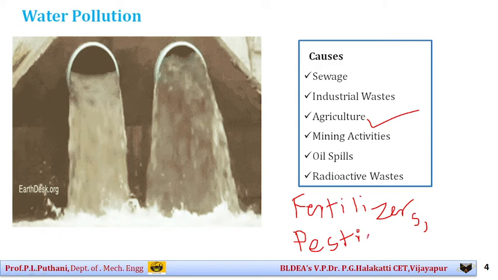If excess use happens, when water is sprayed, the fertilizer and pesticide get washed off, and they may enter the earth and the food, and reach human beings and other creatures. Or when heavy rainfall occurs, the rainwater washes away these fertilizers or pesticides, and they enter the fresh water bodies. So again, it leads to pollution itself.